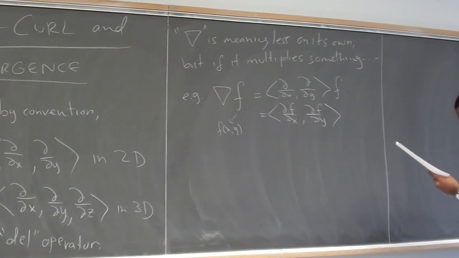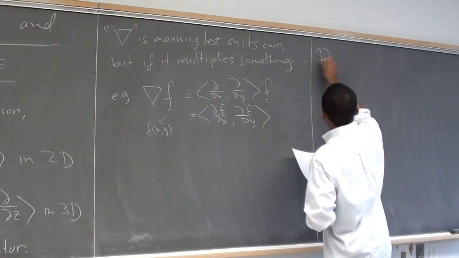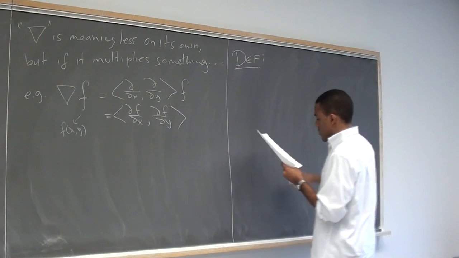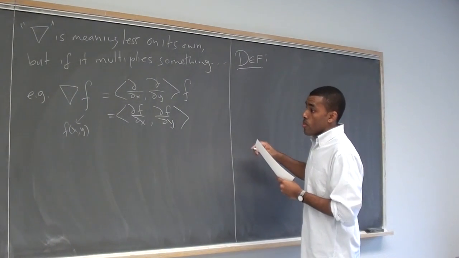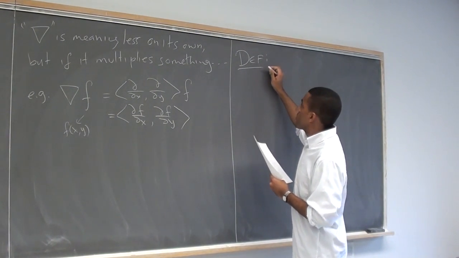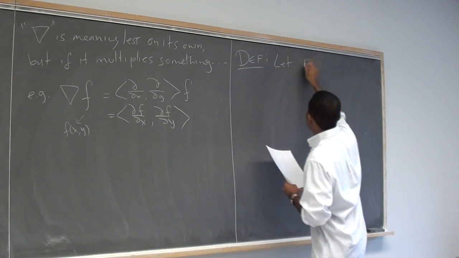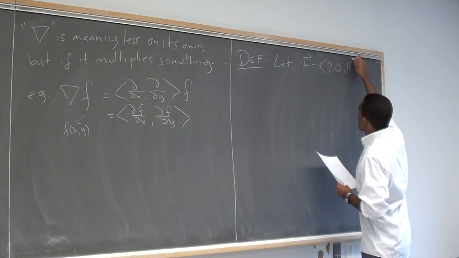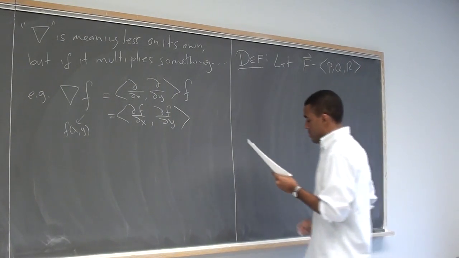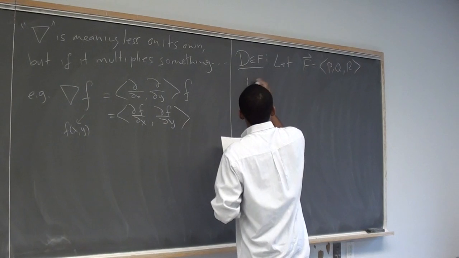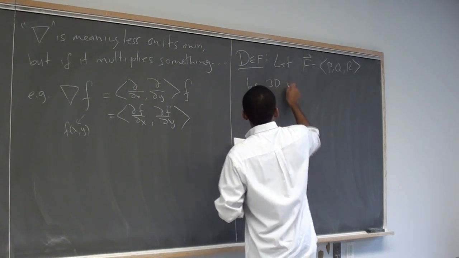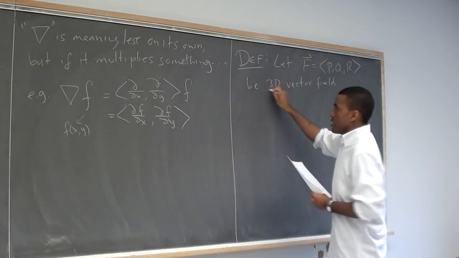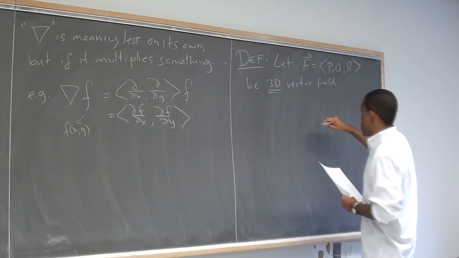Now we're going to define the curl. Del has supposed to have two L's, isn't it? No. Let f be a vector field, P, Q, R. The fact that it's 3D is going to be important, as we're going to see in a short while.